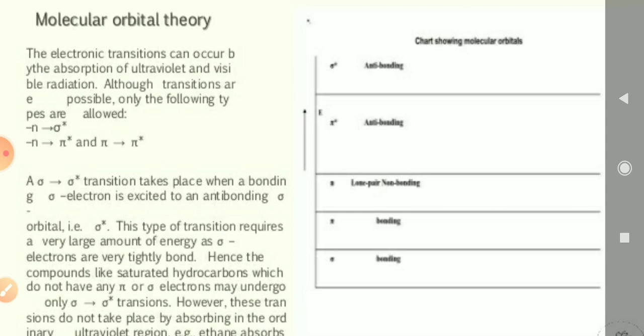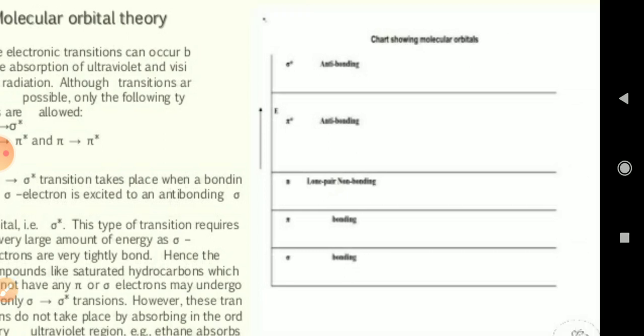Hence compounds like saturated hydrocarbons, which do not have any pi or n electrons, may undergo only the sigma to sigma star transition. However, this transition does not take place by absorbing in the ordinary ultraviolet region. This is the transition allowed for the molecular orbital theory.